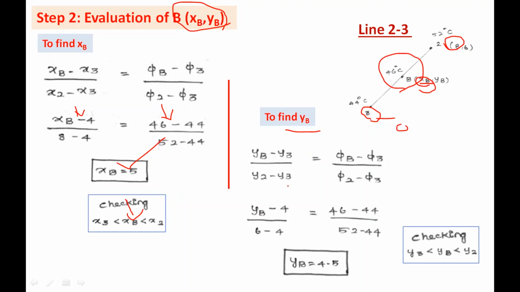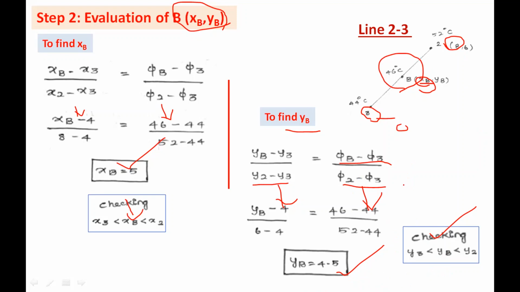Find the yb value: yb minus y3 divided by y2 minus y3, with pi b minus pi 3 over pi 2 minus pi 3. Substitute the known coordinate values and known parameter values. We get yb equal to 4.5. Then we can check this answer also. This yb value should be in between the y coordinates of 3 and 2. That is also satisfied.